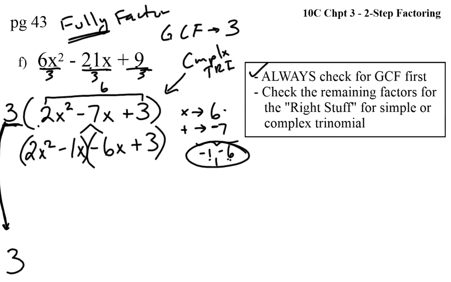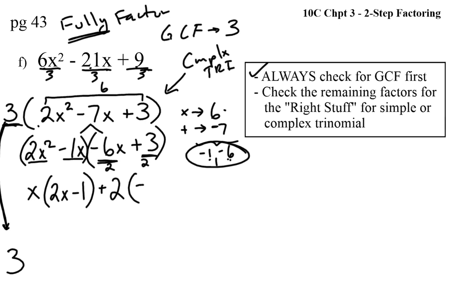and GCF each. What will 2x squared and a negative 1x factor out? Well, an x will factor out. That'll leave us with 2x minus 1. Negative 6x plus 3. Well, what can I factor out from a 6 and a 3? Well, that would be a 3, my bad.